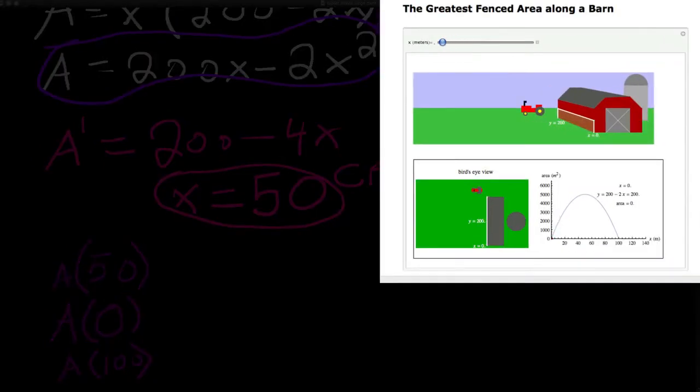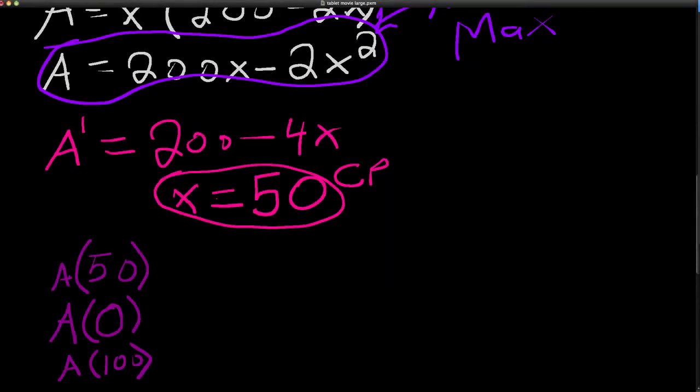Okay, so remember the smallest x can be is 0, but then that means y would equal 200, and so you wouldn't have any area. And that's the same on the other end of the spectrum. If x is 100, then you've got both of them stuck together, and again the area is nothing. So the area for the endpoints is 0.